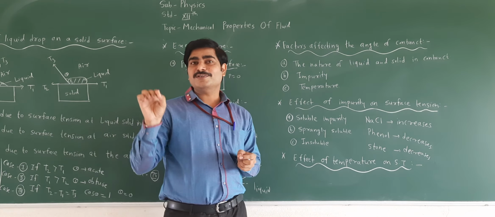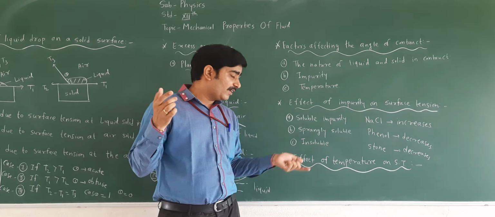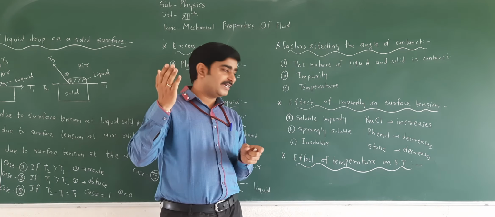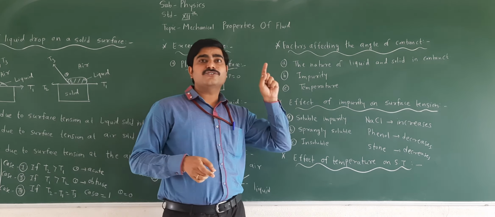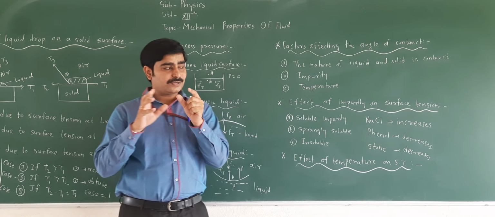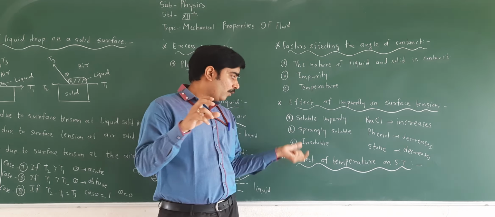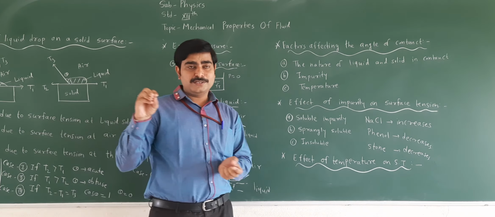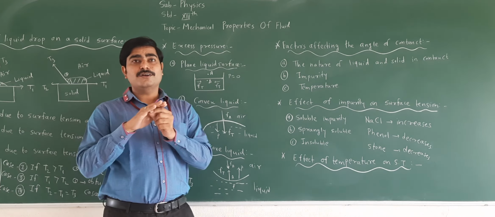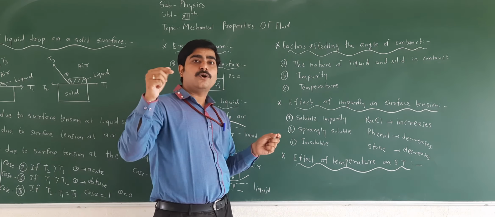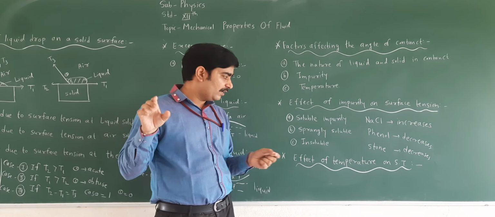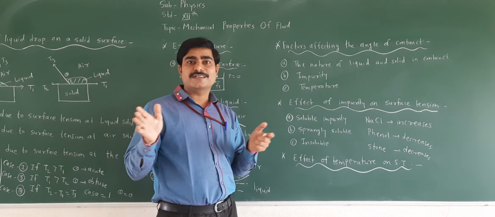Why is such a condition written? Because if the temperature increases, the surface tension of the liquid decreases, and when the cotton fibers are colored and we wash them in hot water, the color will fade, because in hot water surface tension decreases. So that is a practical application.